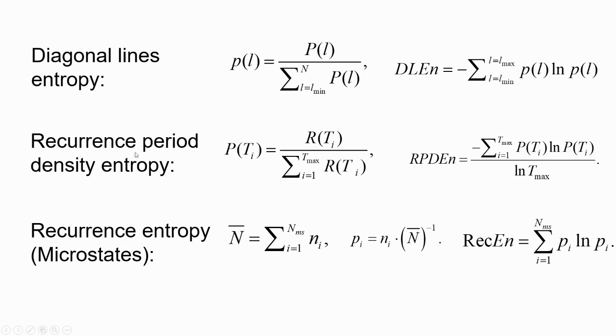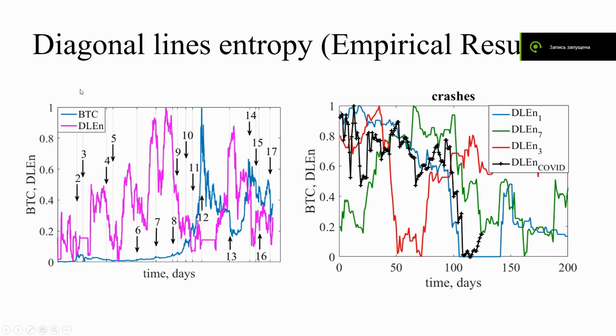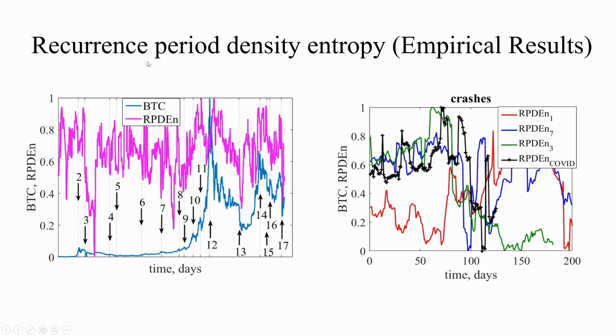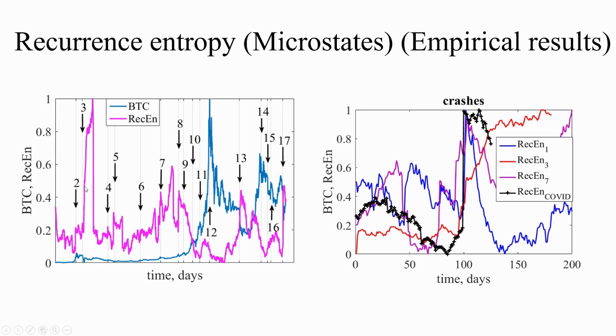Also, we could consider recurrence period density entropy and the entropy that is related to recurrent microstates in our system. And here we can see the corresponding empirical results for such entropies as diagonal lines entropy, recurrence period density entropy, and recurrence entropy of microstates.